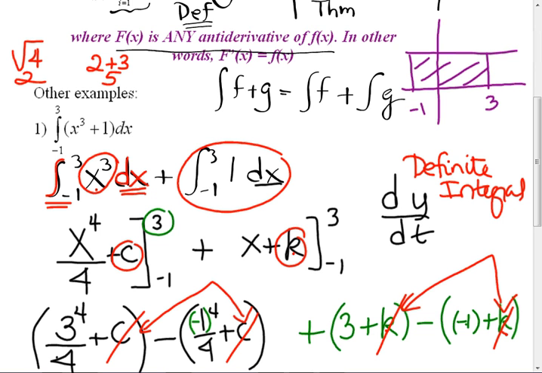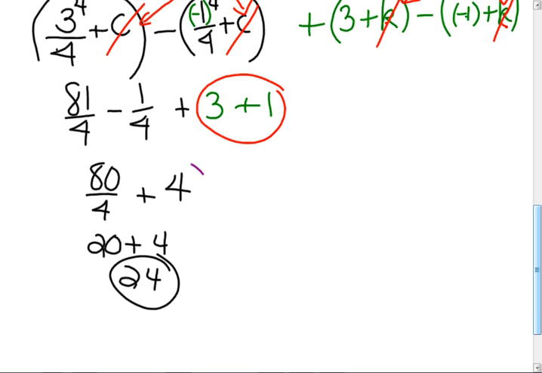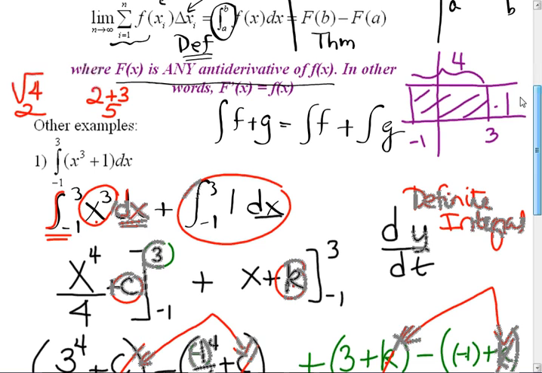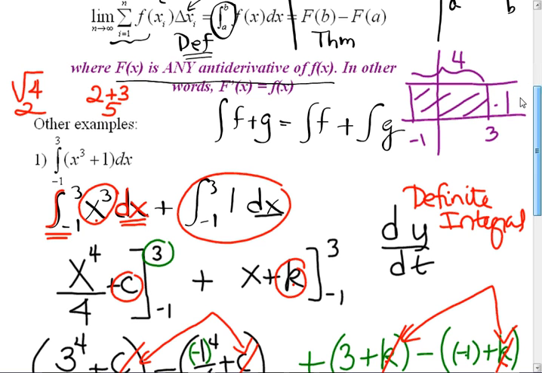It's geometry. It's 4 times 1. That's why the answer over here was 4, not 1. Could I do it geometrically? Why not? I'd rather do it geometrically than algebraically if I can. But I can't do x cubed geometrically because it's a curve, unless I put an infinite number of rectangles in.